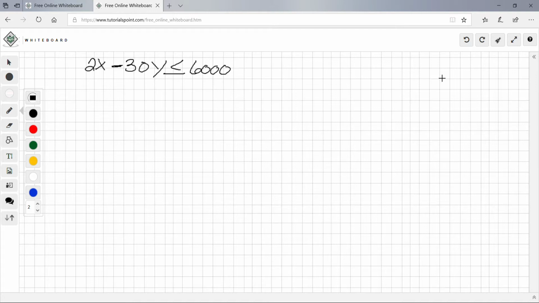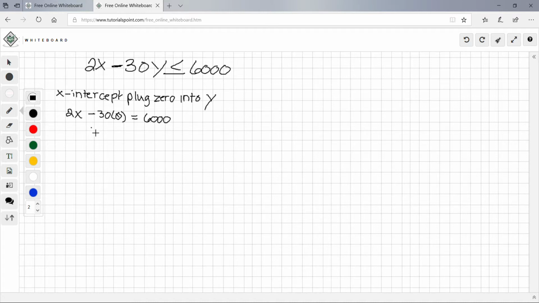So remember how to find the x-intercept. You plug 0 into y. So it's 2x minus 30 times 0. I'm not going to put less than or equal for right now. I'm going to put an equal sign just for now, because I have to solve for x.